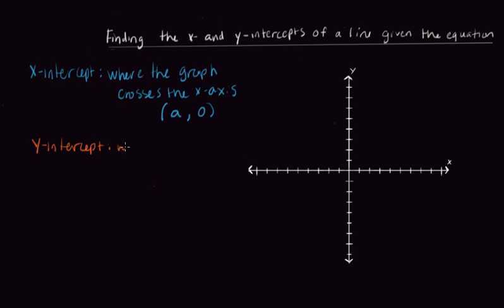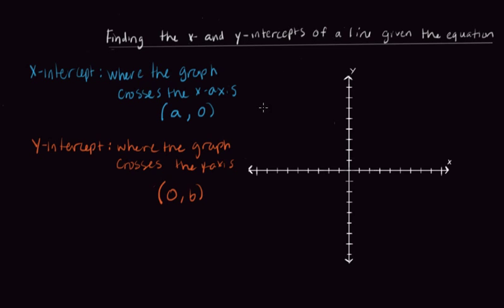It's where the graph crosses the y-axis, and it's of the form 0, comma, b, which you should be familiar with because we've done a lot of graphing equations using slope-intercept form, so y equals mx plus b. So it's 0, comma, b. It's along the y-axis, and it's some point right on here.